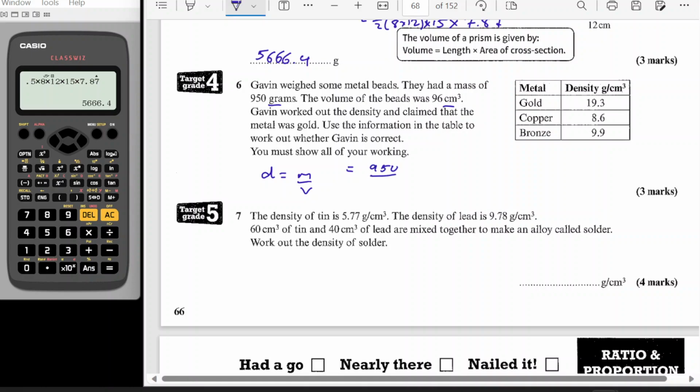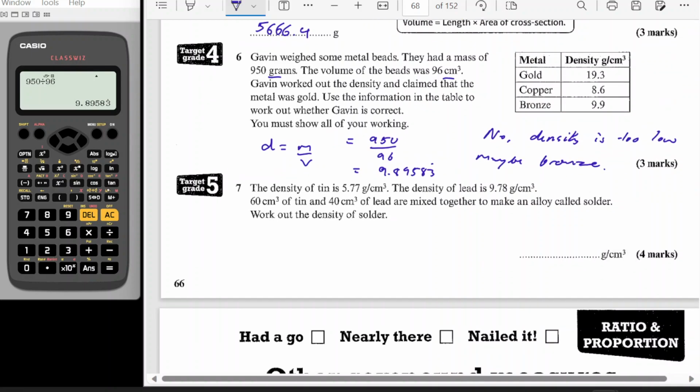So 950 divided by 96 is going to give us 9.89583 recurring. So is Gavin correct? No. The density is too low. Maybe it might be bronze. There's no guarantee it's bronze, but if we're told it has to be one of those, then we would assume it's bronze.